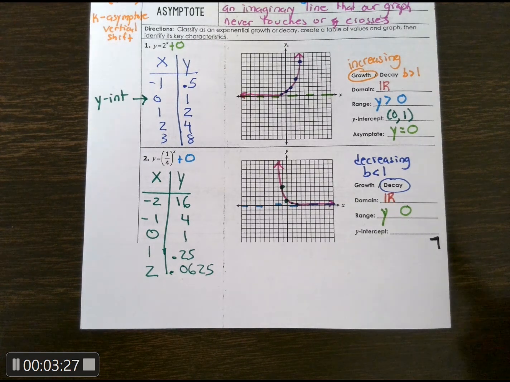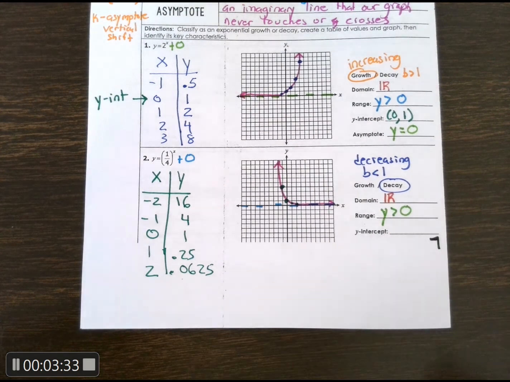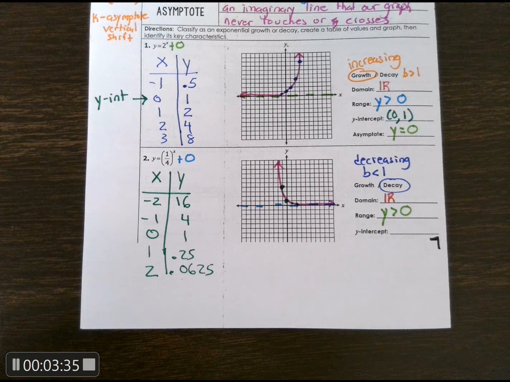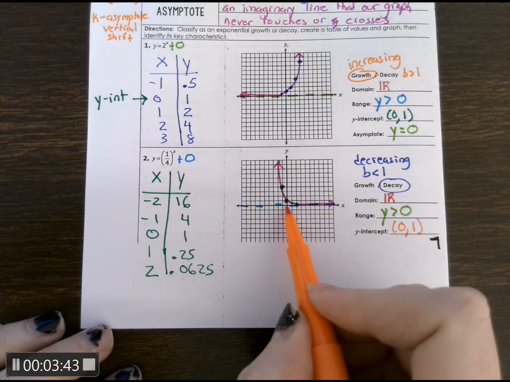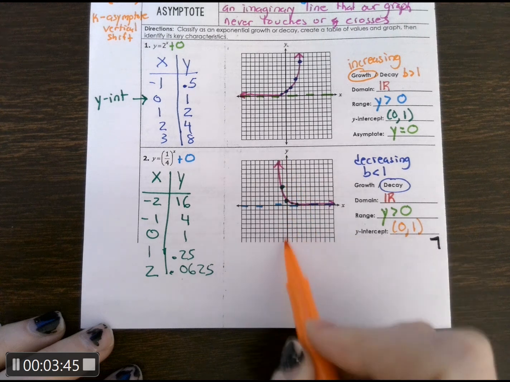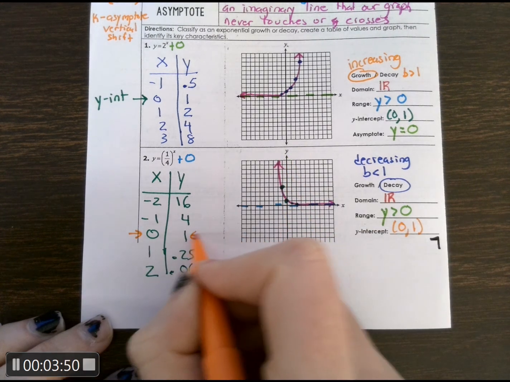And then, is our graph above or below our asymptote? It's above, so y is greater than 0. What's my y-intercept? It's going to be 0, 1, because again, we look for where it crosses our y-axis, or we can look here.